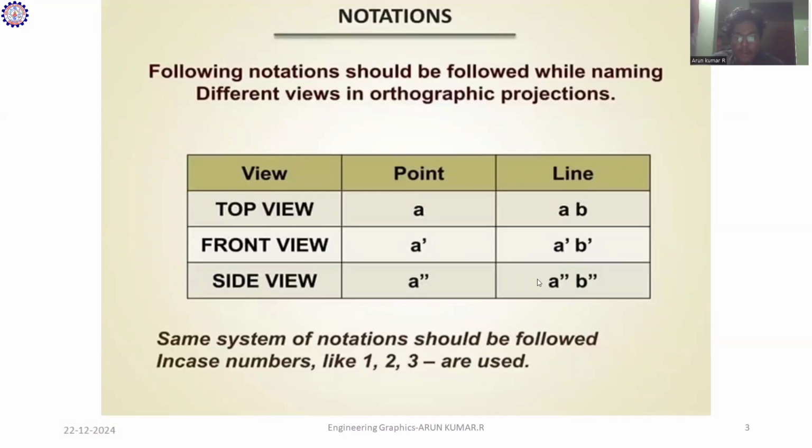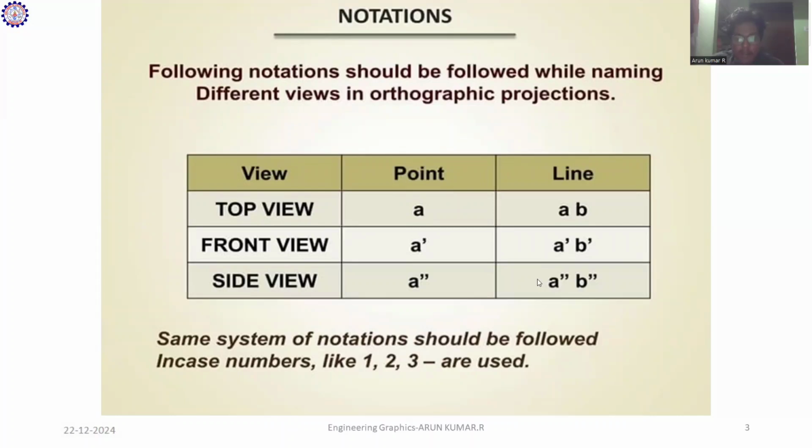Whenever you indicate a point, we represent it as a dash, a double dash, and the line is represented as AB, because the line starts from two points, from start to end. So let's see the example. The top view of a point we take as a, and for a line it is called ab.